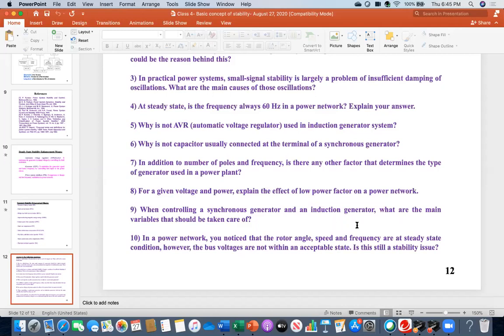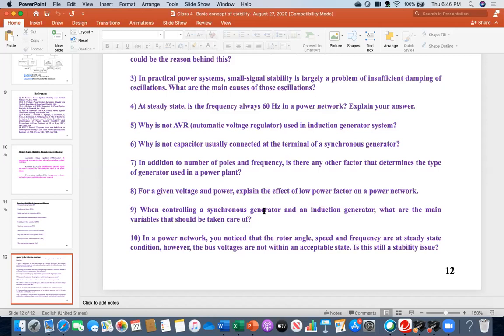Okay. So everybody, when controlling a synchronous generator, as she mentioned, frequency was one factor. In the case of a synchronous generator, you have to control the speed as well. And if you see the speed equation, n equals 120 f over p, right? The pole number is fixed, but speed is related to frequency. This means that another factor is the speed.